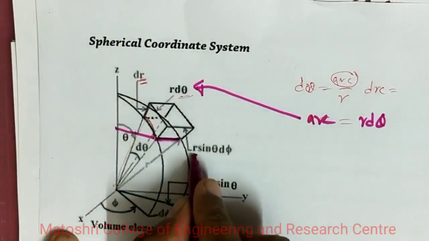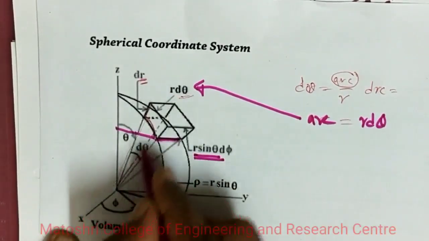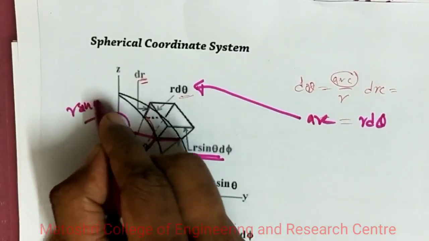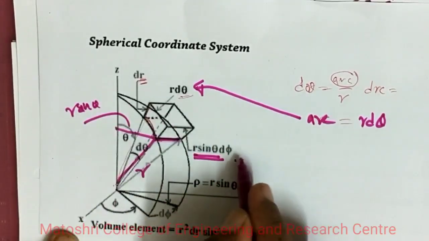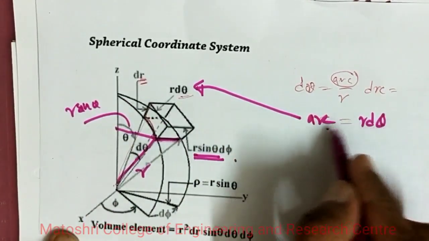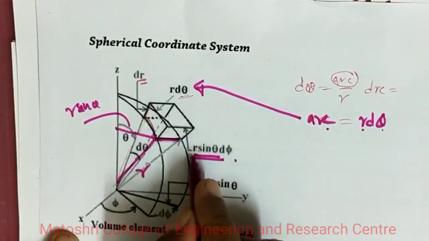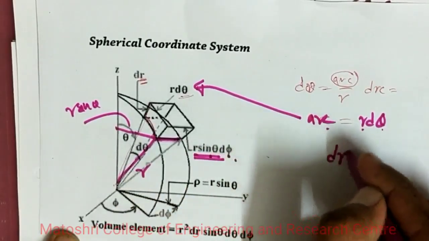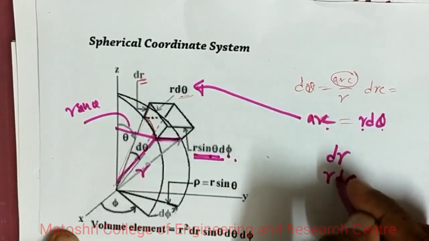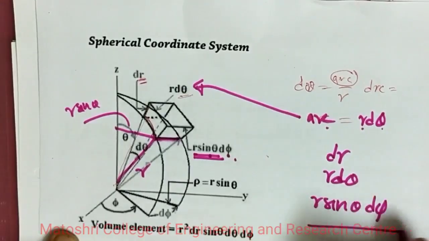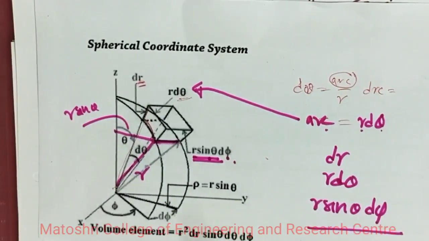That radius is r sine theta. So the arc is radius into angle, that is r sine theta into d phi. That's why there are three different lengths: dr, r d theta, and r sine theta d phi. These three length variations are observed in the spherical coordinate system.